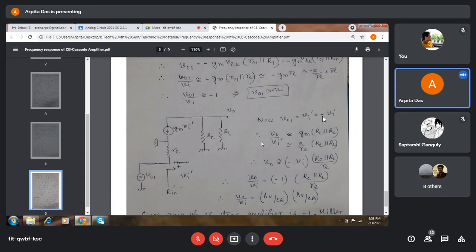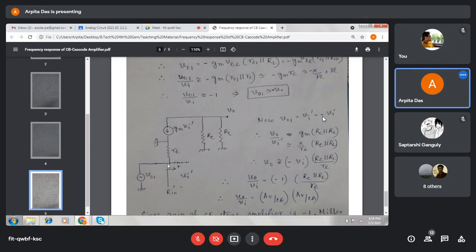We have proved this one, VO1 is minus VI. Now, what is the ratio of this VO by VI prime? VO1 is this one, and VI prime is this voltage.